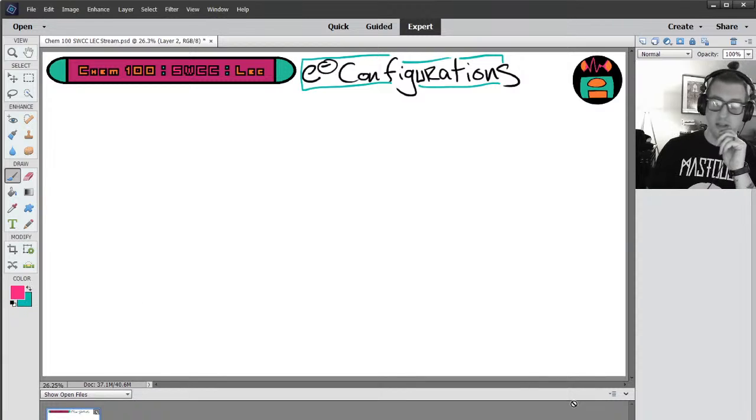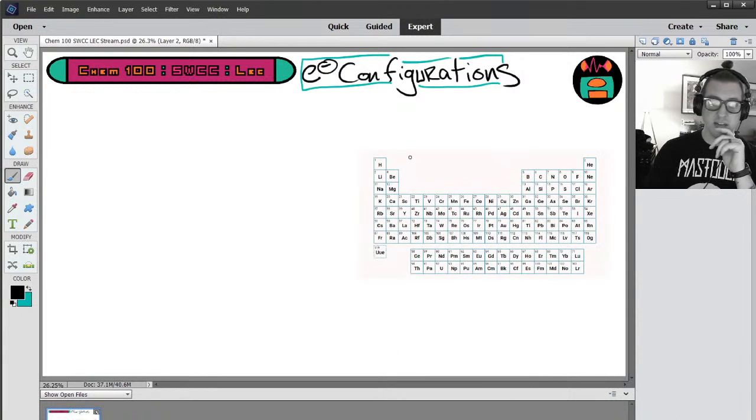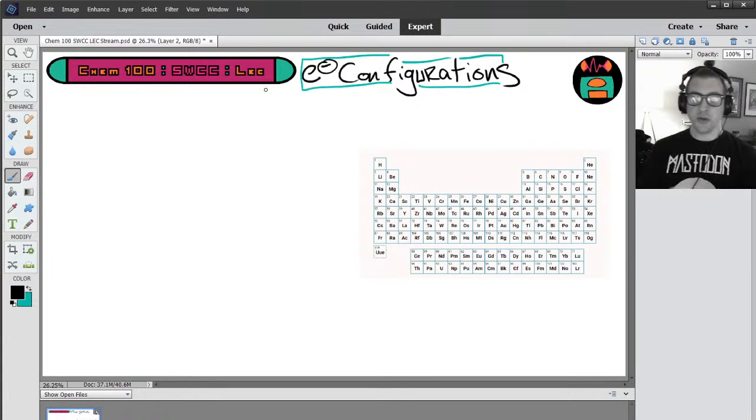Where are we at? Let's pull up our periodic table. We now know how to use the noble gas abbreviation. So for example, let's write the electron configuration for argon.